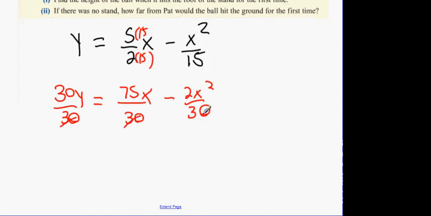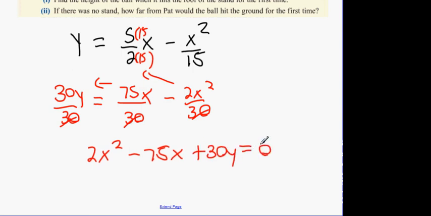Cancel the 30s, bring over the 2x squared and the 75x, and I'm going to get 2x squared minus 75x plus 30y equals 0. That's my quadratic equation built and ready to go.